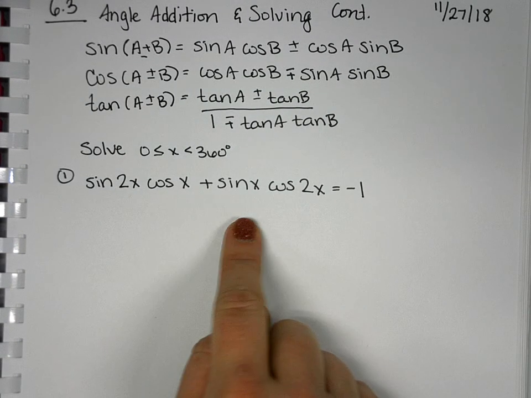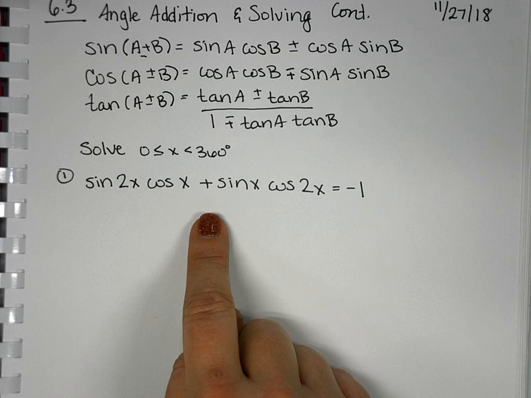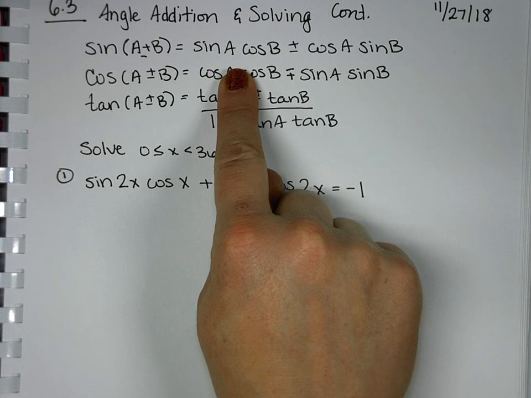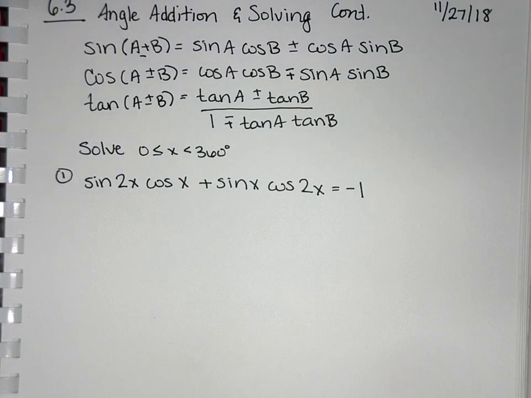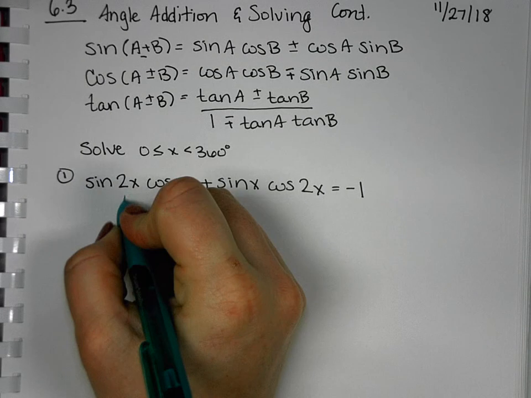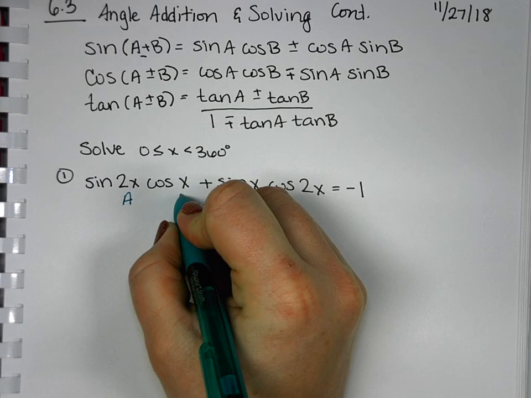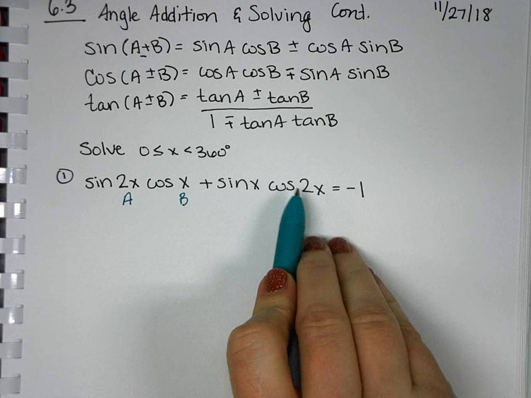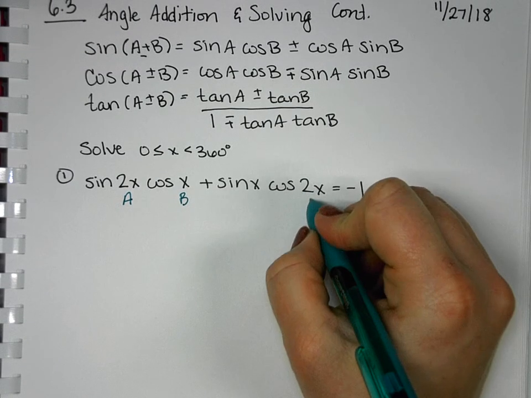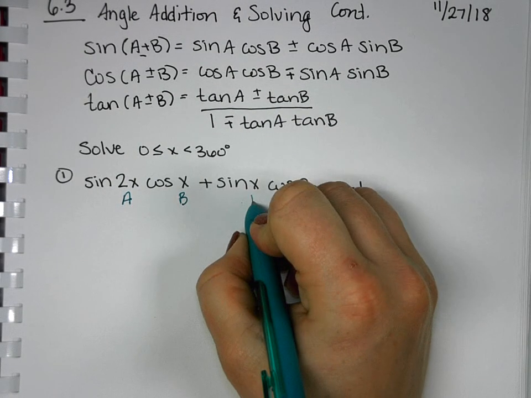So when I look at this, I go, that looks really similar to the sine of A plus B, where 2x would be my A, x would be my B, and then cosine A, I have that, and cosine B, I have that.